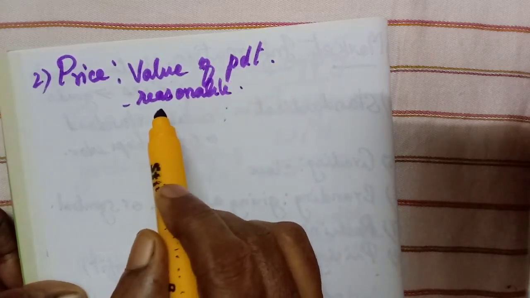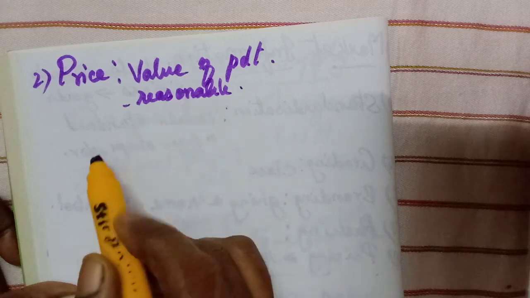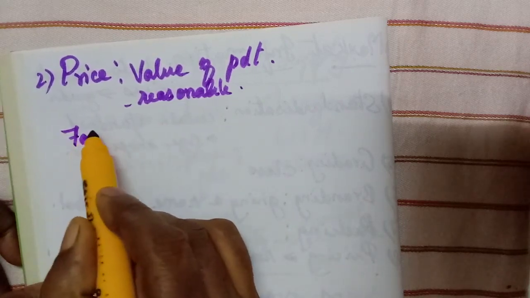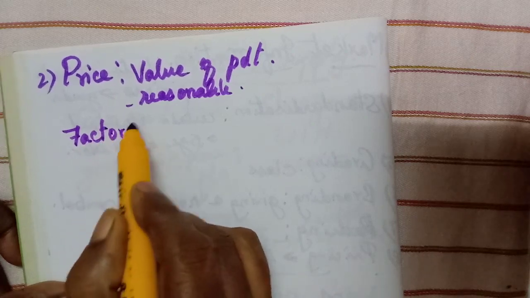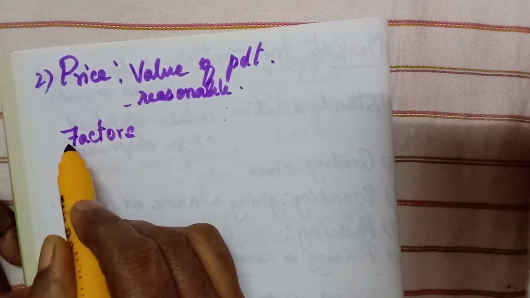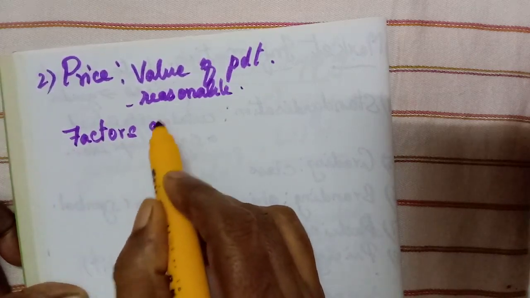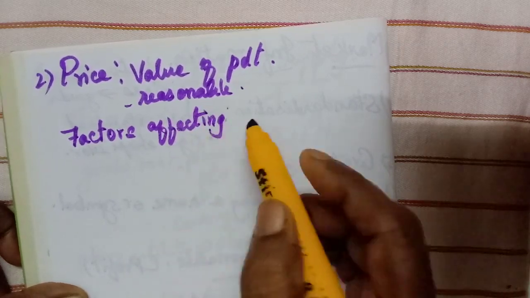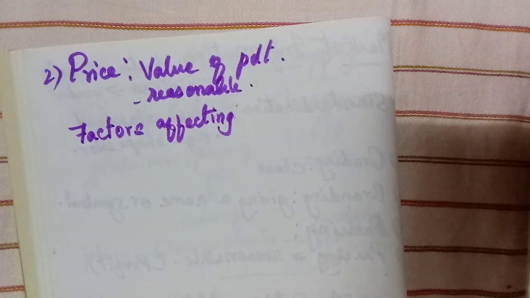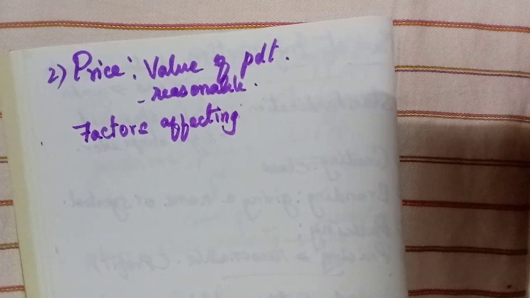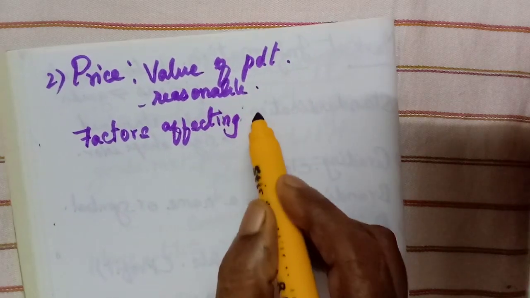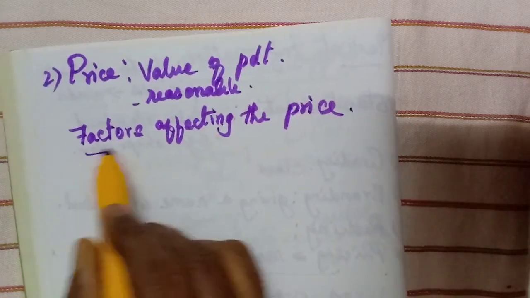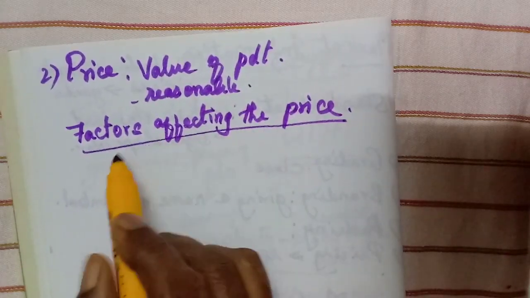Then there is some more we need to learn about price. First, the factors affecting the price of a product. That means when they fix the price, what factors must be considered? What are the factors that affect the price of a commodity?